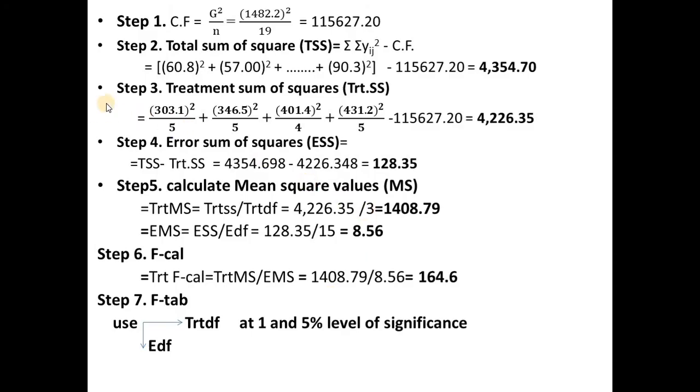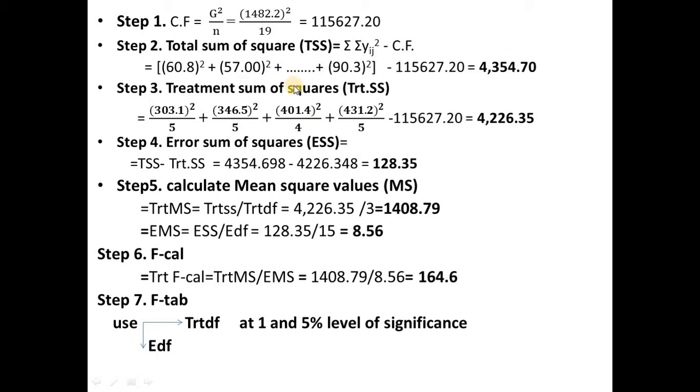Based on this, all the values are squared and summed up, and then the correction factor is subtracted. The value obtained from this calculation is 4,354.70. So this is the total sum of squares value.